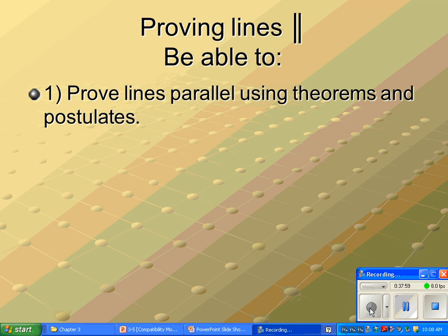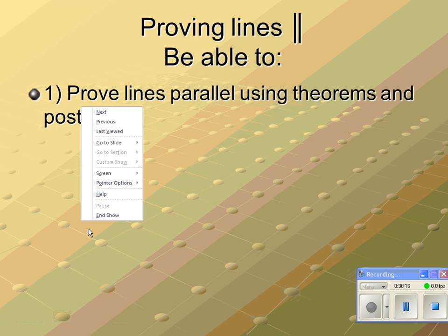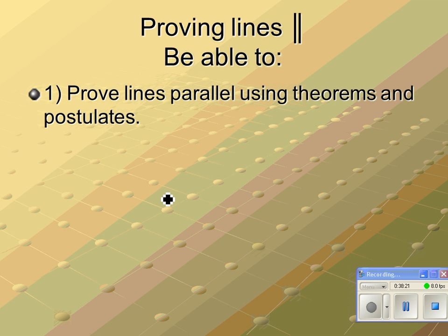All right, so what we're going to do is prove lines are parallel using theorems and postulates. Every theorem and postulate that we cover today, except for one, is the converse of the theorems and postulates that we did earlier. One of the postulates we did earlier said this: if lines are parallel, then corresponding angles are what?